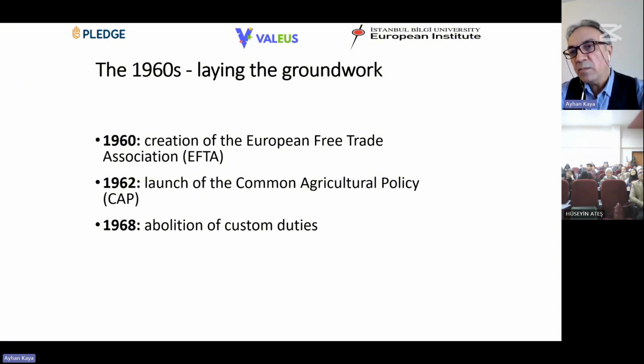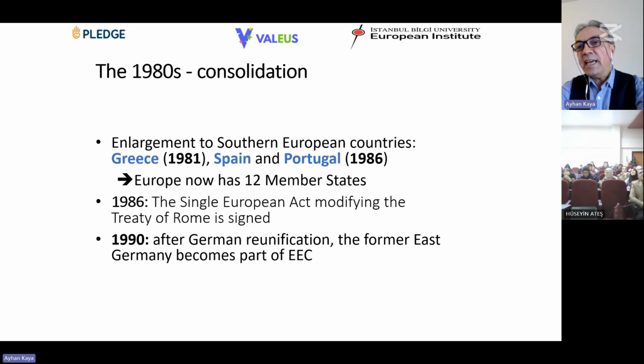So there is now a customs union starting from 1968 in the European Union. Turkey, by the way, became a member of the customs union in 1996. Okay. In the 1980s, there was the military coup in Turkey. And unfortunately, because of that coup, our relationship with the European Union, or with the European Community, was interrupted.